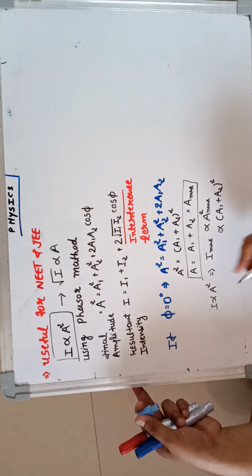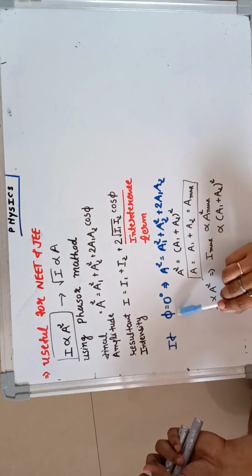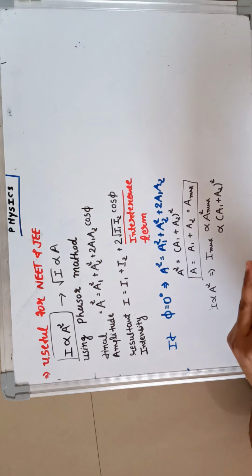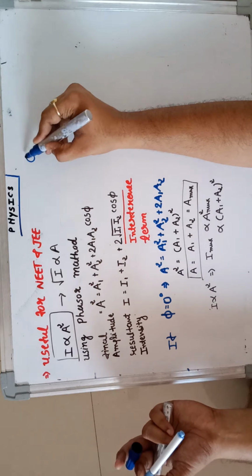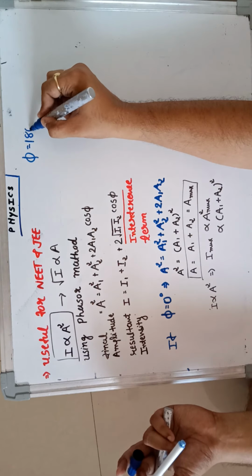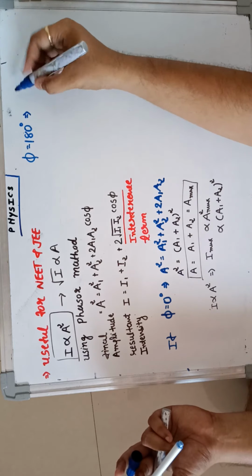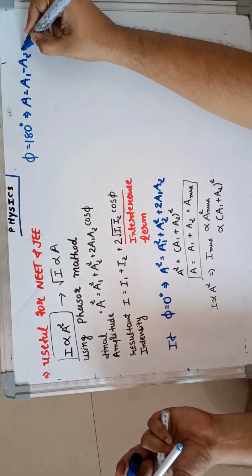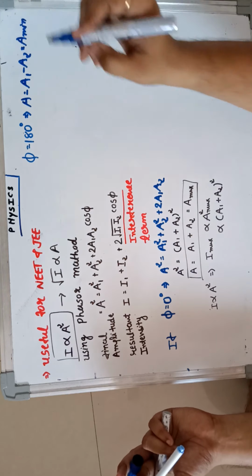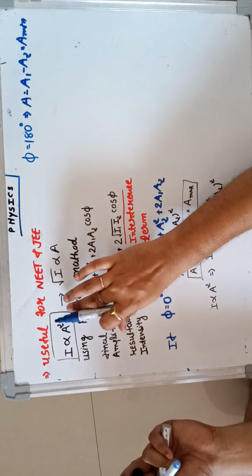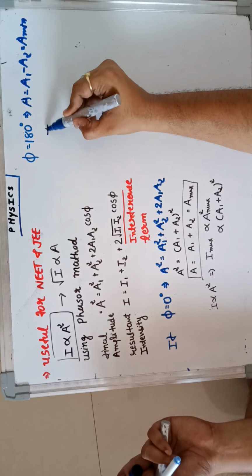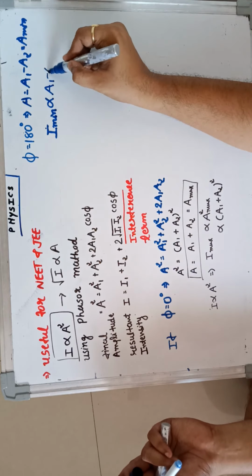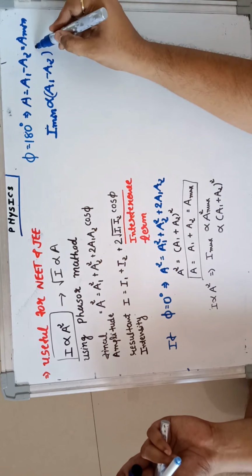If we take phi equal to 180, we do not need calculation, we can directly write that A is equal to A1 minus A2, and this is the A minimum. From this equation we can write I minimum is proportional to A1 minus A2 whole square. This is a most important thing.